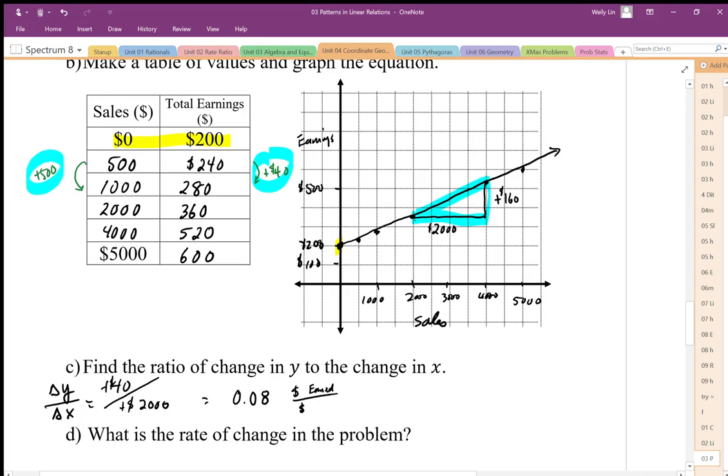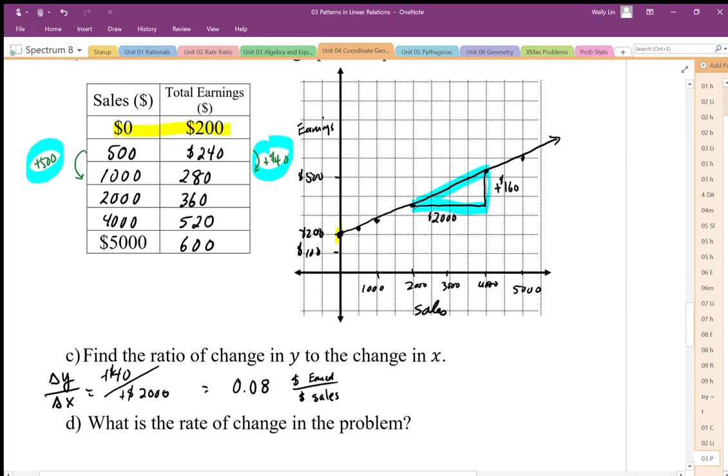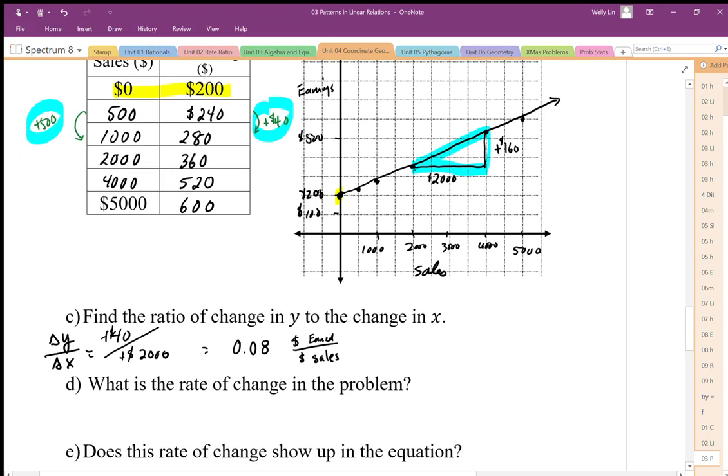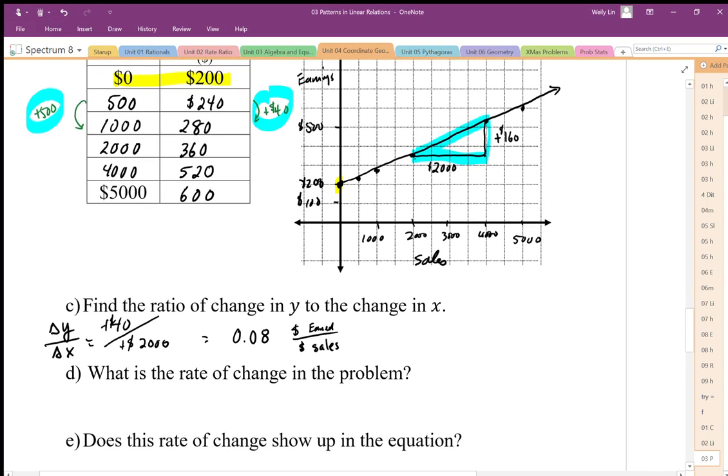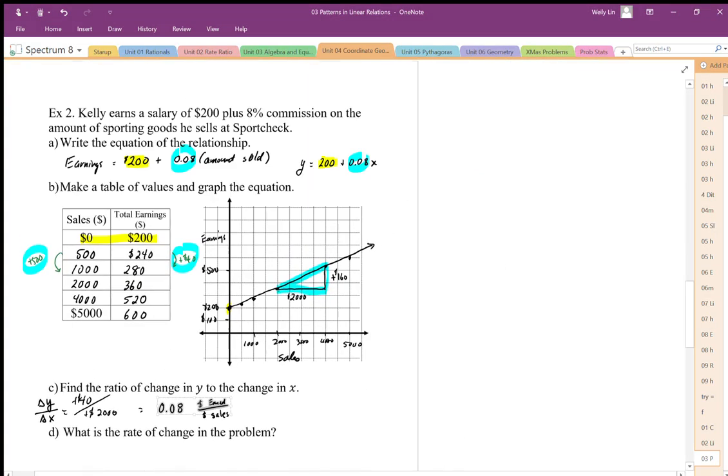And that's important. Dollars of sales. And we can see the units right on our axis. The change in y of earnings over the change in x, which is sales. So the ratio of changes of y to x is 0.08, and I can just take that and use that to answer the question.